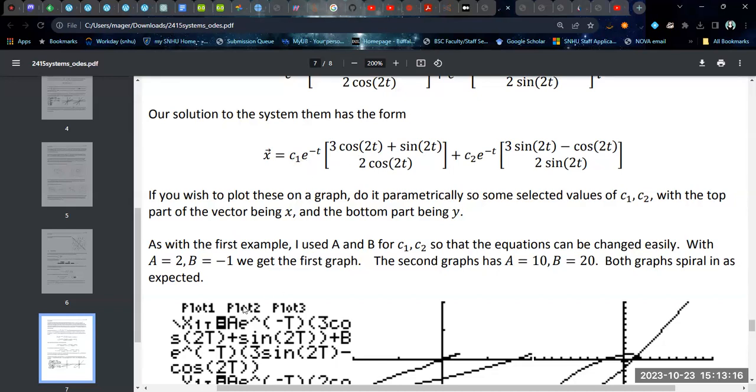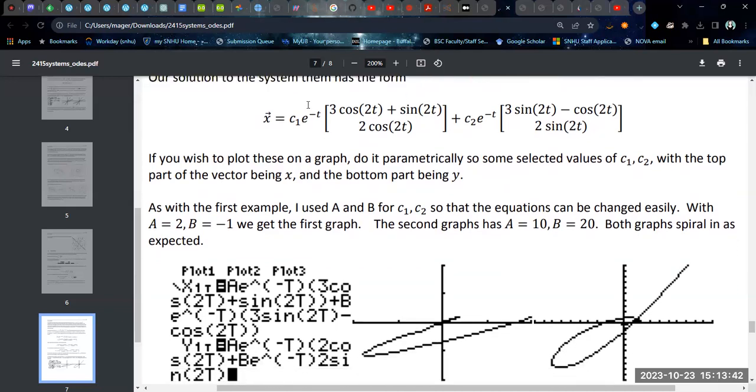So you're going to have to keep that C1 in this case as A, and then 3 cosine 2t and e to the negative t sine 2t. And then again, your second constant, e to the negative t times 3 sine 2t minus cosine 2t. So it's very long, but you do have to keep these scaling factors in there because they matter.